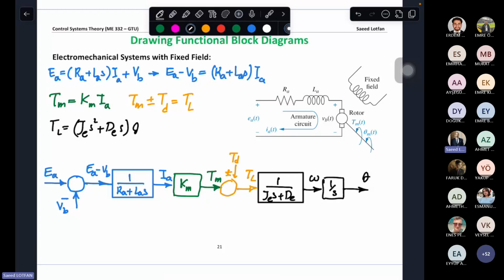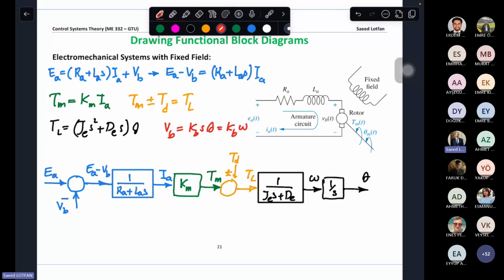So how do I get this VB? We don't have two inputs. The VB relationship is like this. I know that VB is KB s theta, or KB omega.